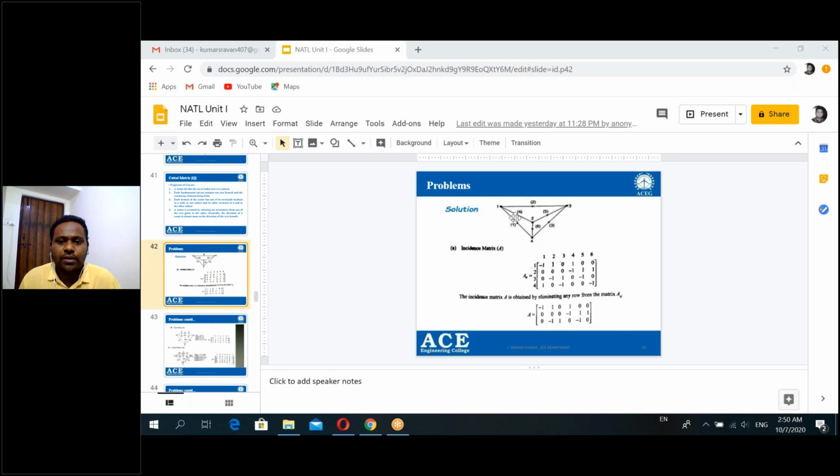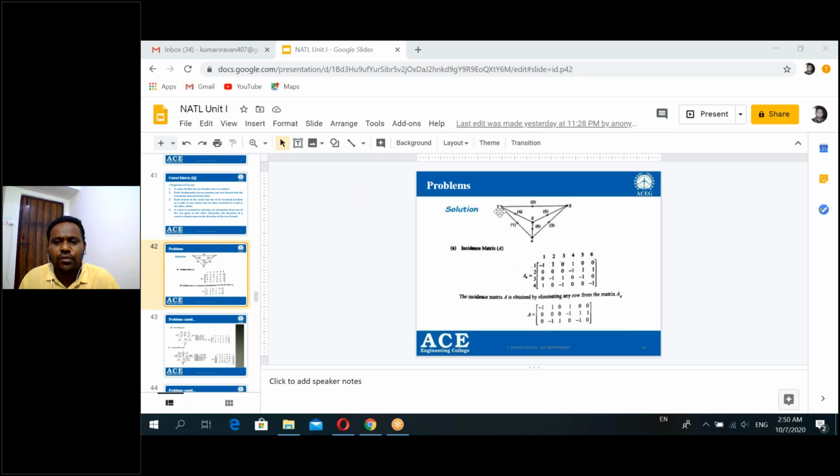In the incident matrix, the branches leaving from the node are considered as +1. The branches entering towards the node are considered as -1. The branches not connected to the node are treated as 0.